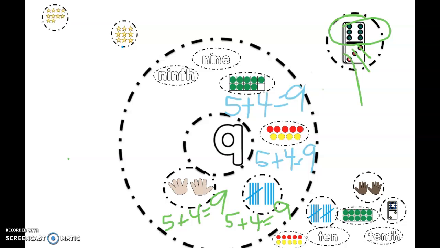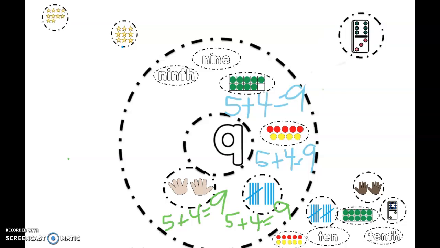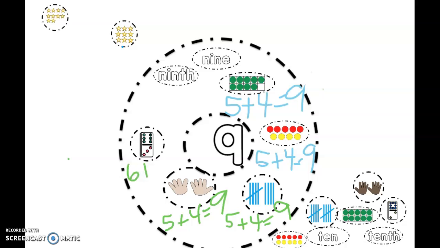Ooh, does that give me 9? Yes, we finally have another way to get 9. So I'm going to move it into my circle chart. But this time I get to write 6 on the top plus 3 on the bottom equals 9. So I have 6 plus 3 to make 9.